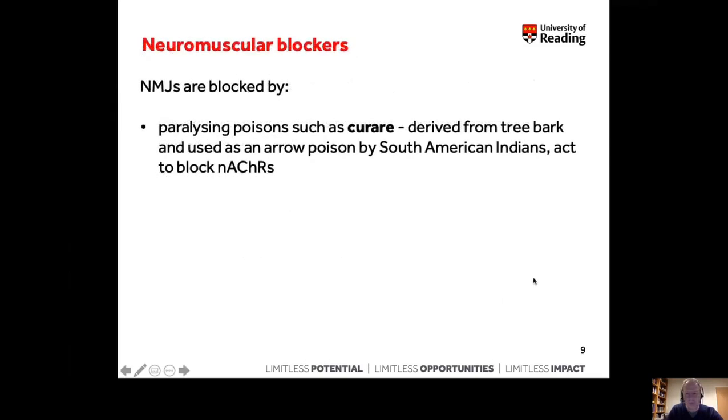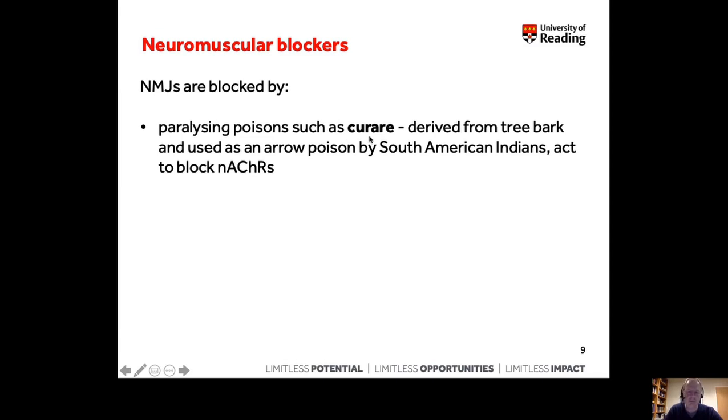Okay, just a couple of slides to finish off. There are a couple of agents that we'll talk about probably in other parts of the course. Neuromuscular junctions can be blocked by poisons that cause paralysis, when you can't move your muscles properly. There's one called curare, which is an arrow poison. The reason it's important is because we derive some medically important drugs.